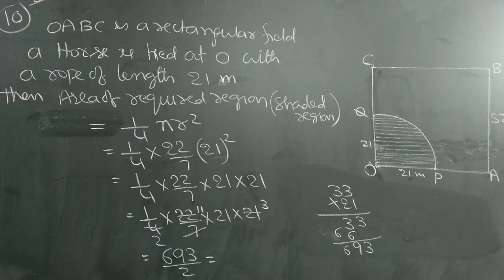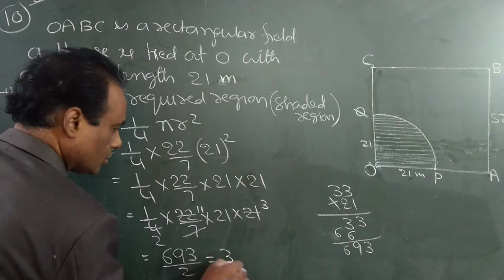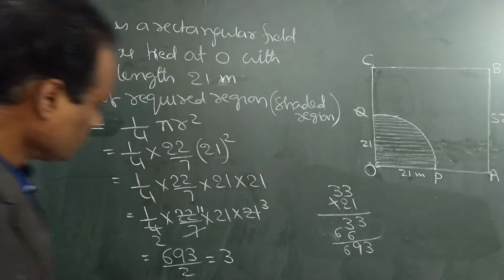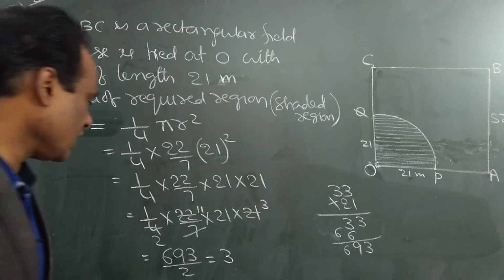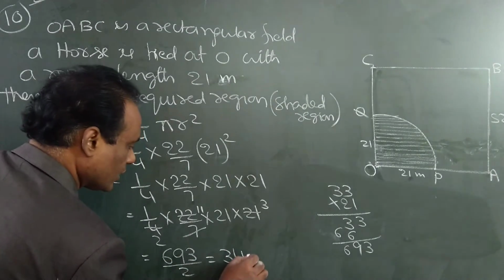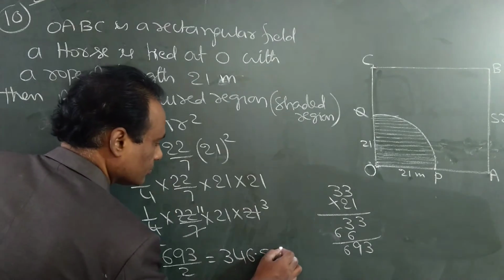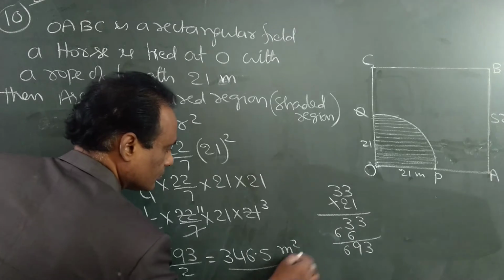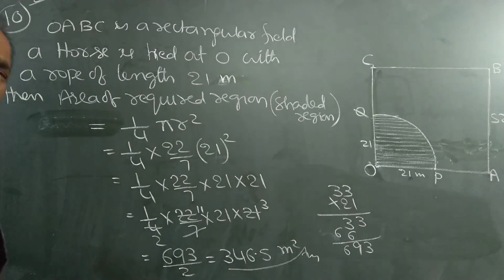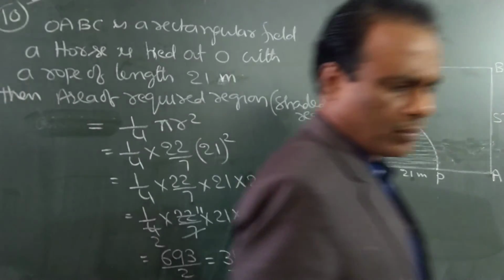Divide with 2. 2 3s are 6, 2 4s are 8, 2 6s are 12, 2 5s are 10. That's all. Simple question, simple problem.